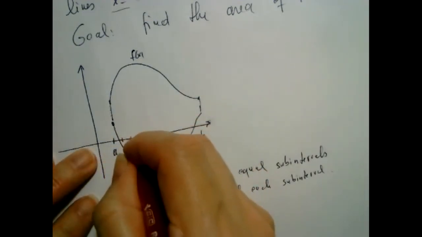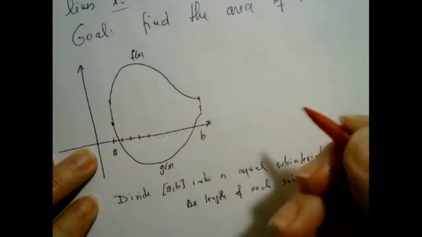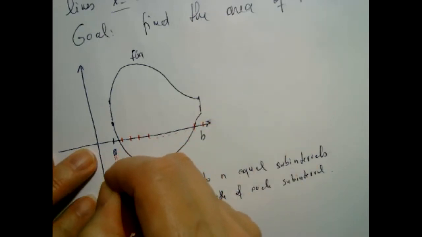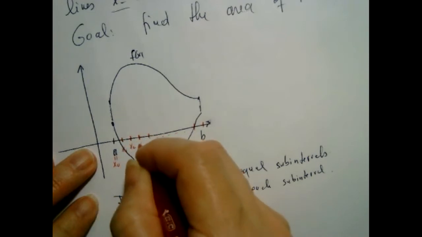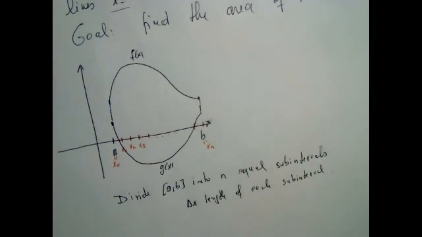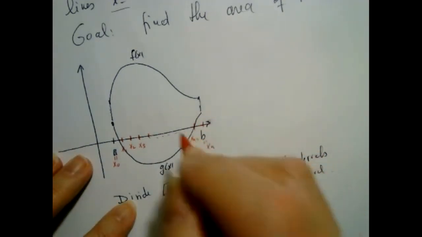So I'm going to cut this into subintervals, n of them. I'm going to put etc. because it's harder. So this is my x0. This is x1, x2, x3, and etc. So I'm dividing it into n subintervals. And this one here is xn minus 1.